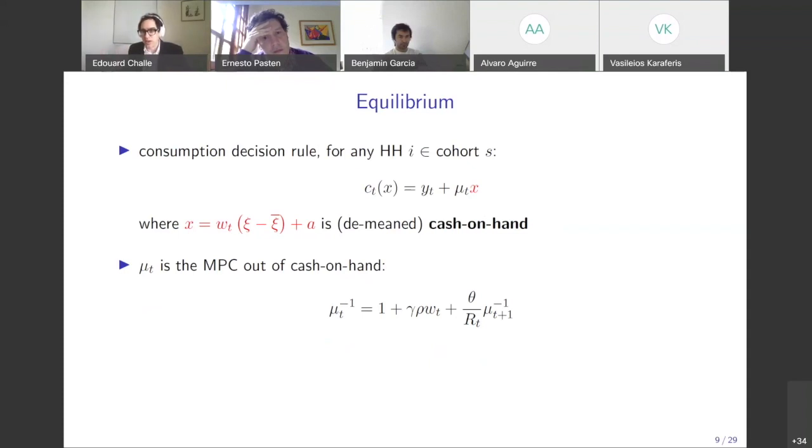The relevant individual state here is what we call demeaned cash on hand. So it's going to be this term here. A is the accumulated assets of the agents, which reflects the effect of past idiosyncratic shocks, having led to more or less asset accumulation. And this term here reflects the effect of the current labor income shock psi.